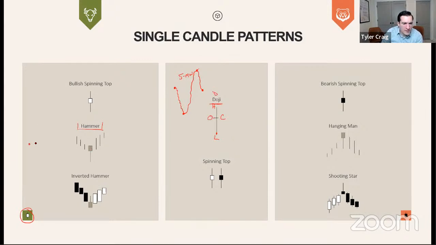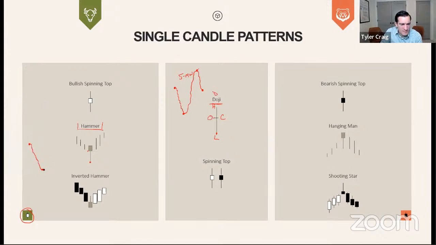You opened here. Did you go down at some point throughout the day to the bottom of the wick? Yes. You puked it up in the morning. Oh, gross. Yuck. And then you turned a corner.